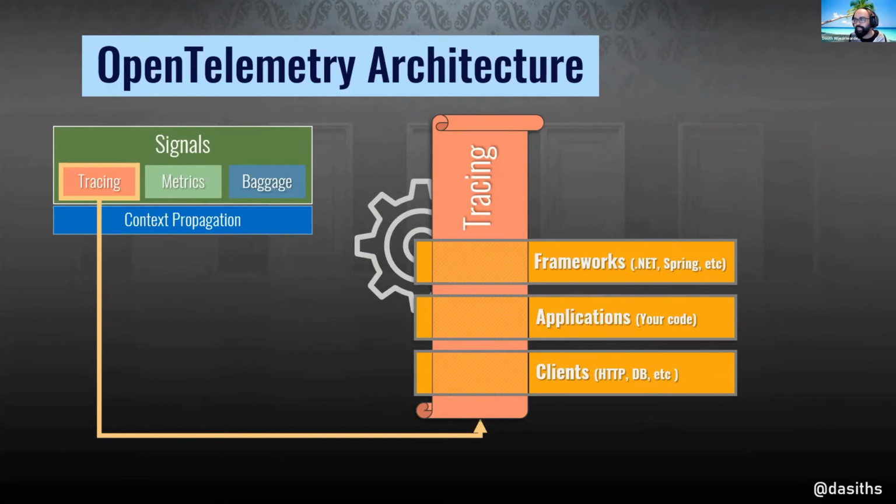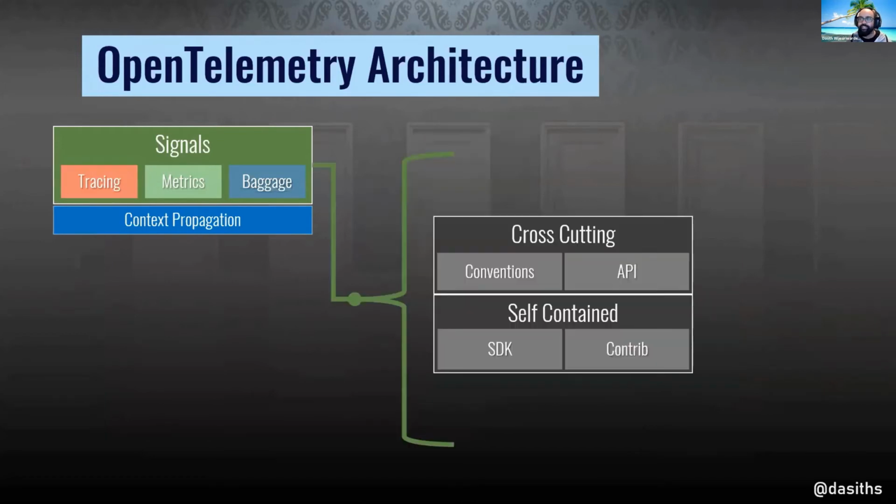Plus, you have those HTTP clients or database clients, or NuGet libraries that you import. So all of these things are creating tracing information. Therefore, tracing is a cross-cutting aspect. It's something that traverses all of these layers. But there's a slight problem here from a capturing tracing point of view, because all of these layers have different concerns.